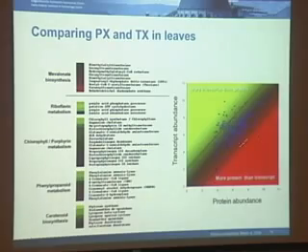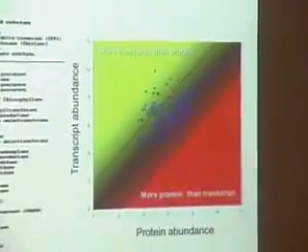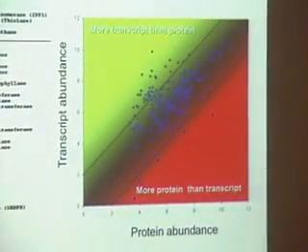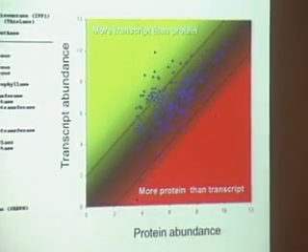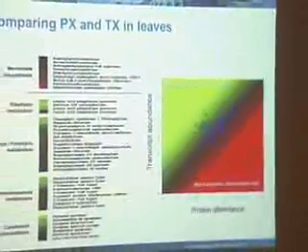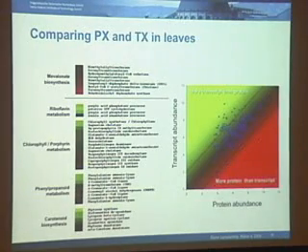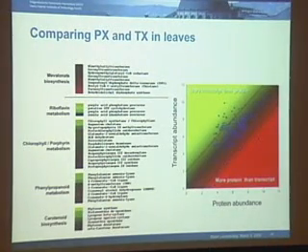What you see here in the red area is where you have more protein than transcript, and here in the green area where you have more transcript than protein. Within a certain range, most of the proteins fall onto the line. That's very comforting, because it tells you, yes, most of the proteins are under transcriptional regulation. But then some of the proteins are not. And then you can ask, what are these proteins?